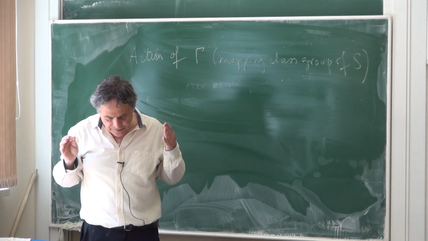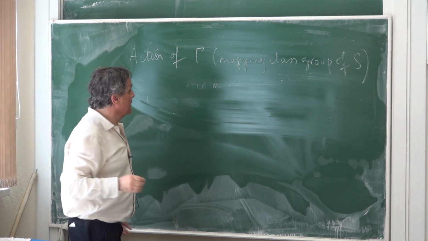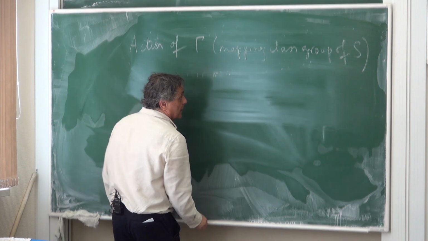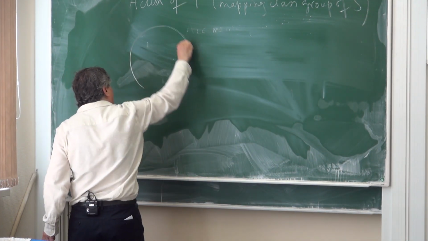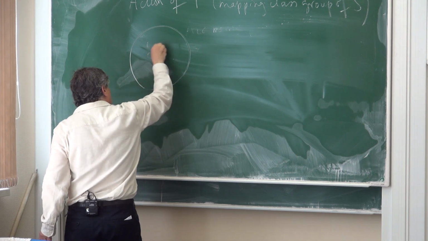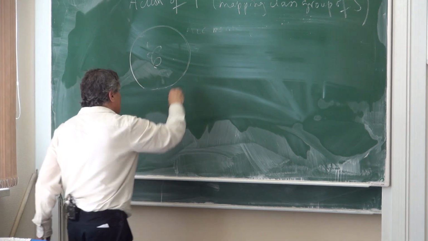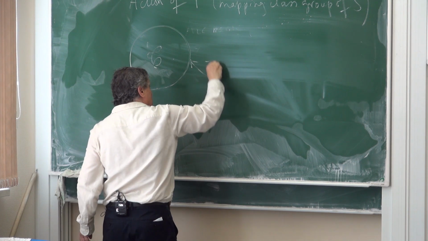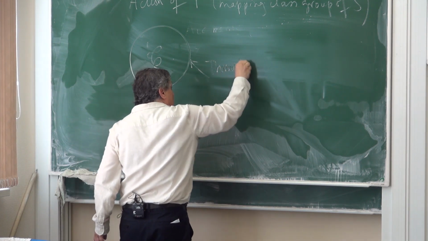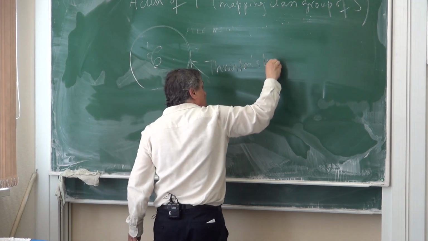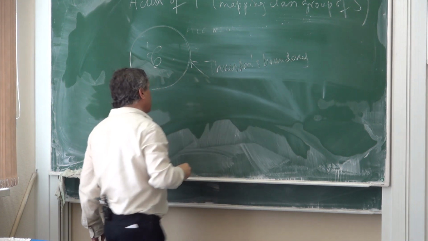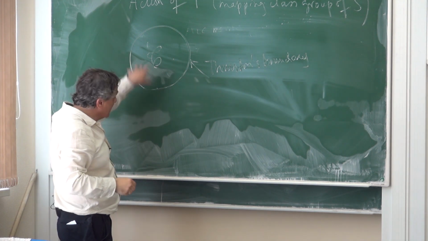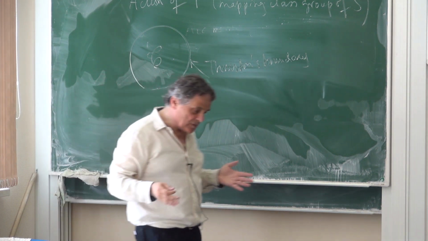Let me just remind you of something we already talked about, that we have Teichmüller space, and we have Thurston's boundary, a sphere. This is a ball, this is a sphere, and the union is a closed ball.